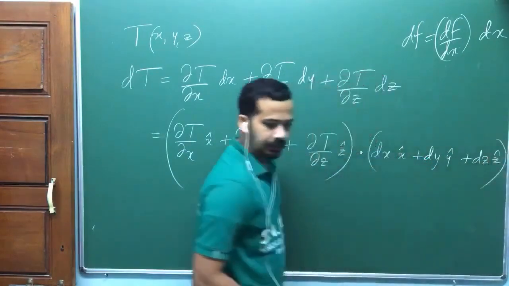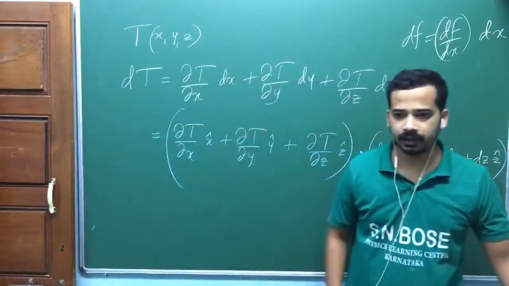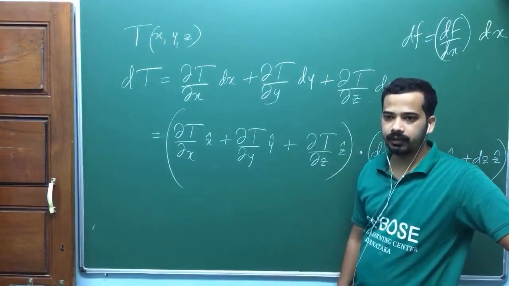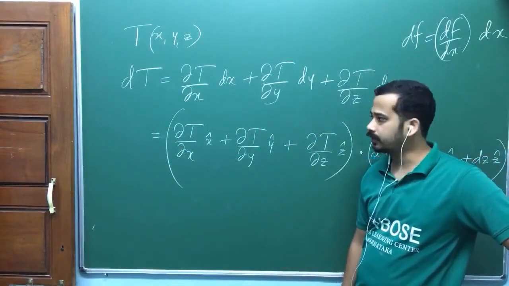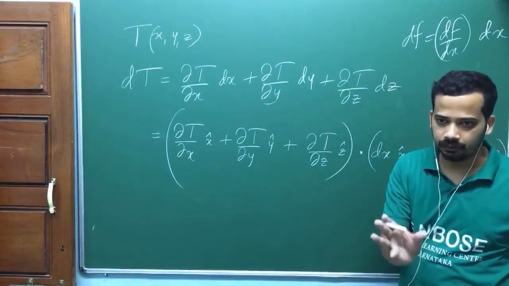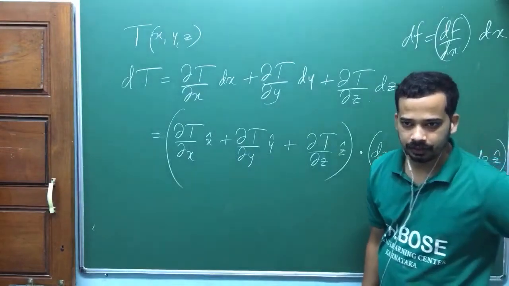Because we wish to find the derivative when we move in a particular direction, am I right? When you move in a different direction, we want to find how that quantity changes, the rate of change, with respect to space only, okay?